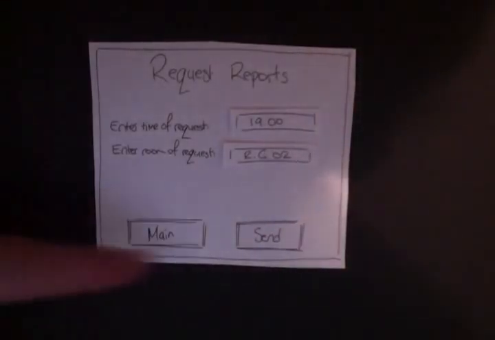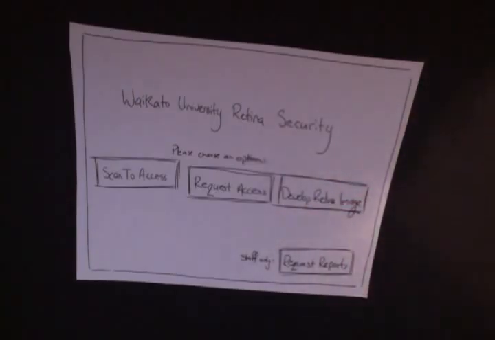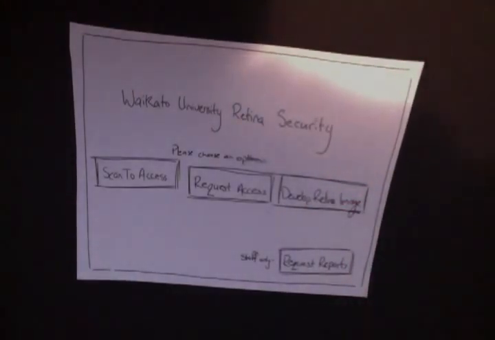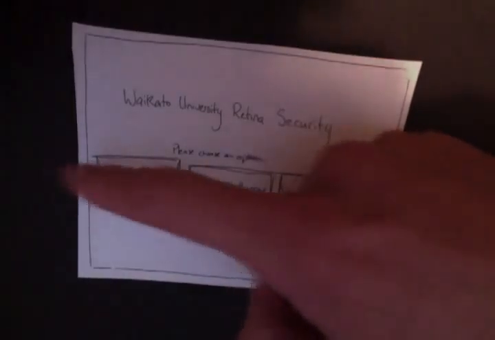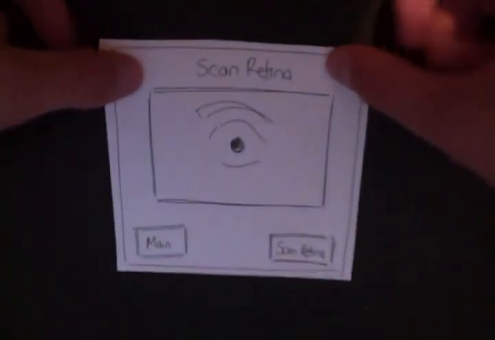Okay, so if we just go back to main, for example, now, so if we go back to the main screen, which is this one here, and say, so just the other features of the application, if say a random student such as myself just wants to scan to access, so I want to now access RG10, I click scan to access, which brings me up to the scan retina screen.